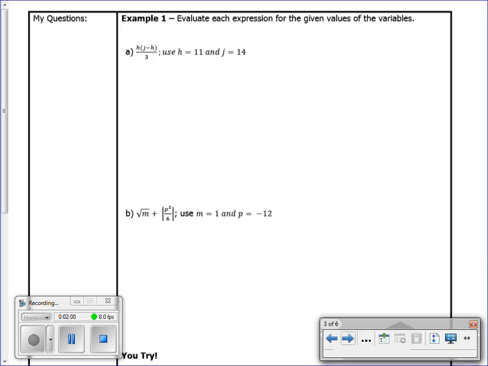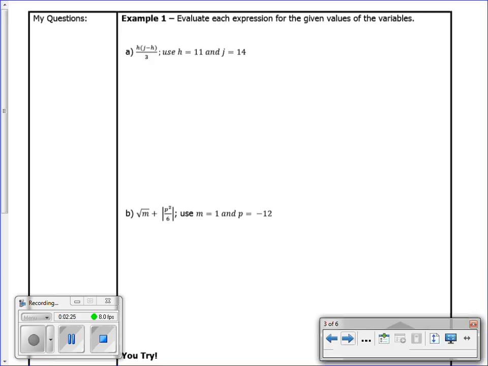So example 1 says evaluate each expression for the given values of the variables. What you are doing is the letters in the word problem are getting tired and they're coming out of the equation, and what's substituting in for them are the numbers. Anywhere you see an H, you're going to insert the number 11.